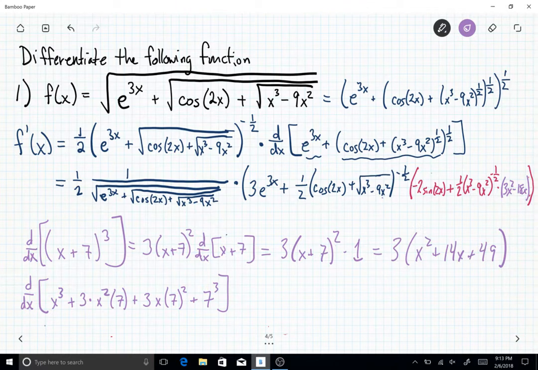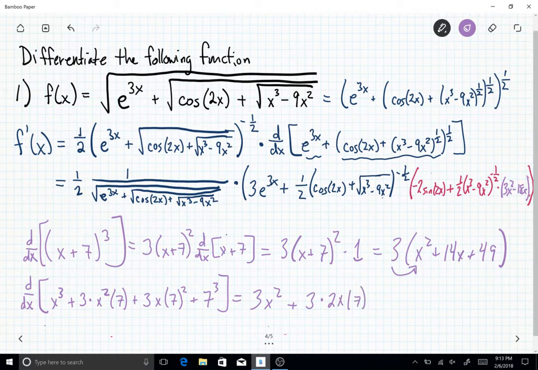Now, it seems kind of crazy, but at the end of the day, we can simplify this quite a bit. So what's the derivative of x cubed? Well, that's 3x squared. And notice if we distribute that 3, you get 3x squared. So we're good. Okay, what about the next one? Well, we'll get 3 times 2x times 7.